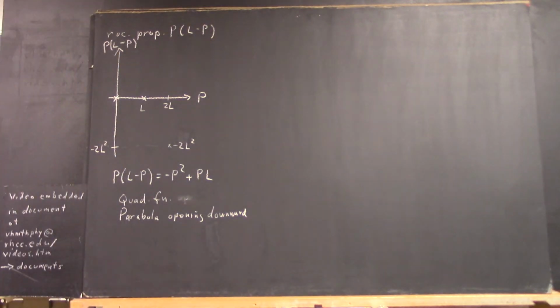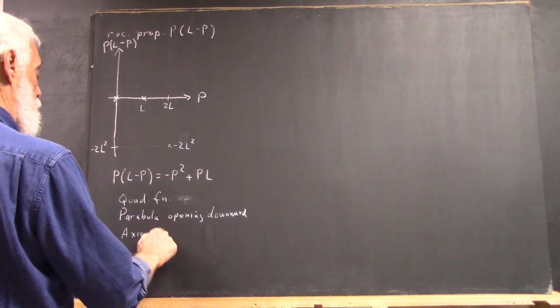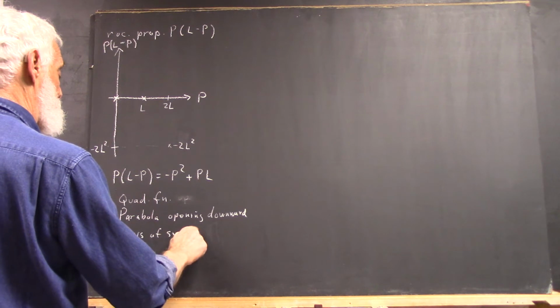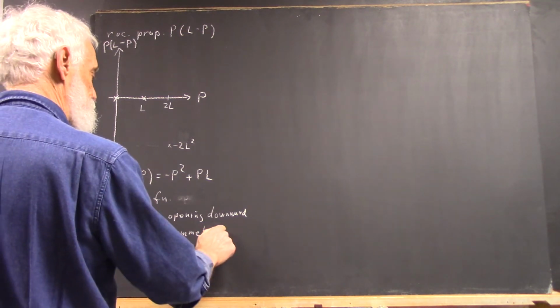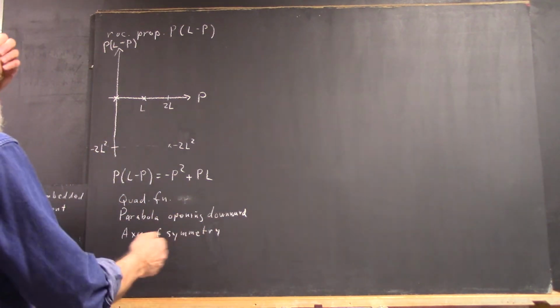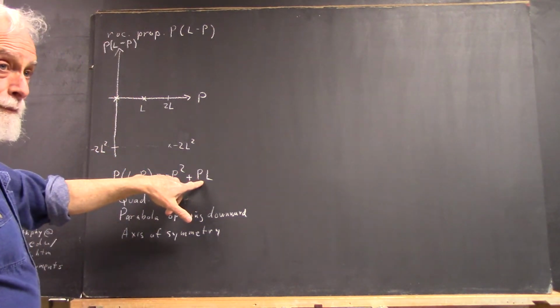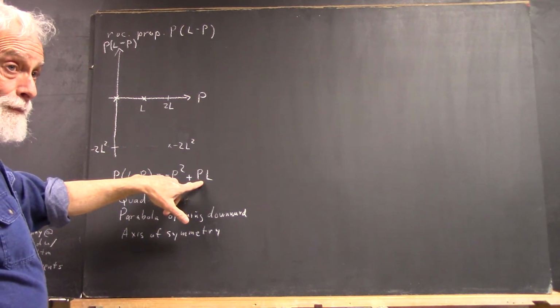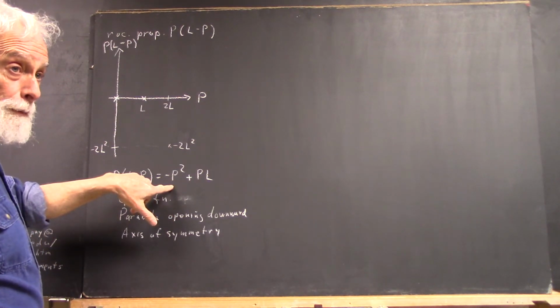Okay, that's a parabola opening downward, right? The axis of symmetry is negative this coefficient of p divided by the coefficient of p squared.